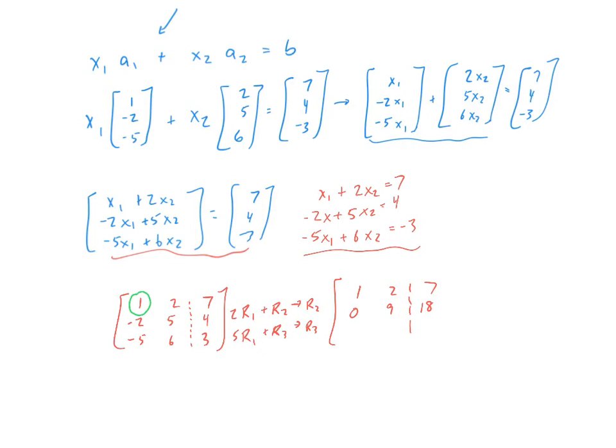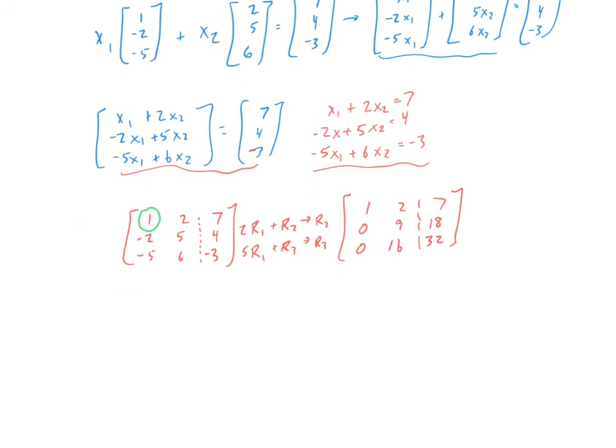And row 3 becomes 0, 10 plus 6 is 16, and 5 times 7 is 35. Oh, look at that, I lost a negative in front of my 3. Luckily, I found it before it was too late. So that's a -3. So 5 times 7 is 35, minus 3 is 32. Okay, one step down.